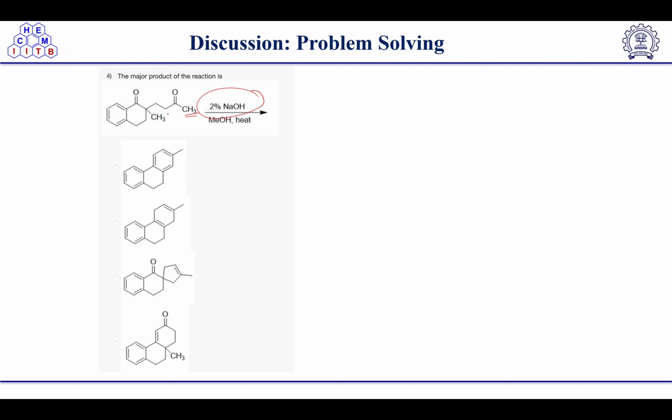So we have here or here, correct? We have here or here. So which proton is acidic? Because here we have hindrance, so it will abstract the proton from the less hindered side.